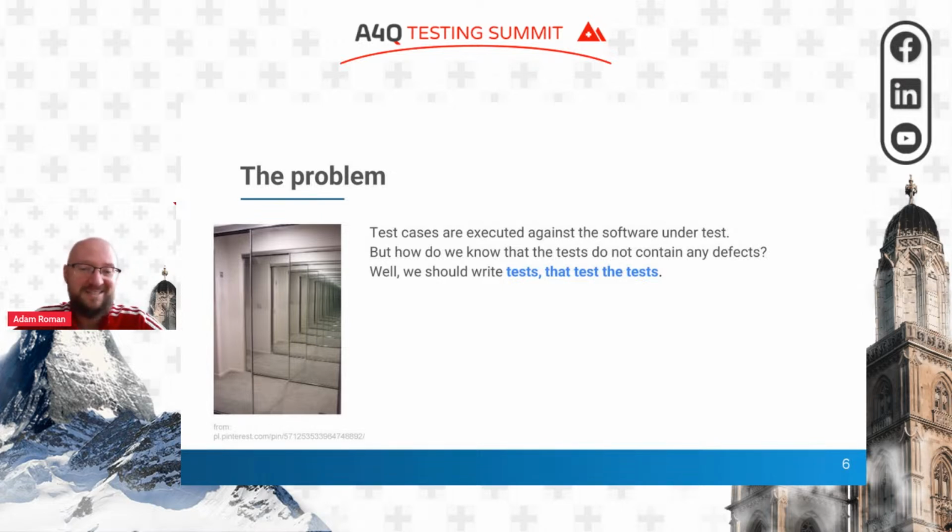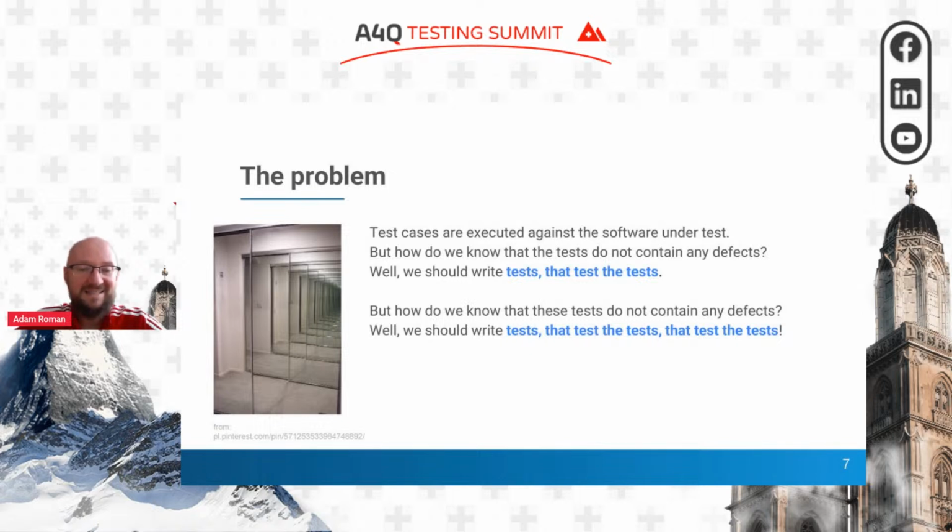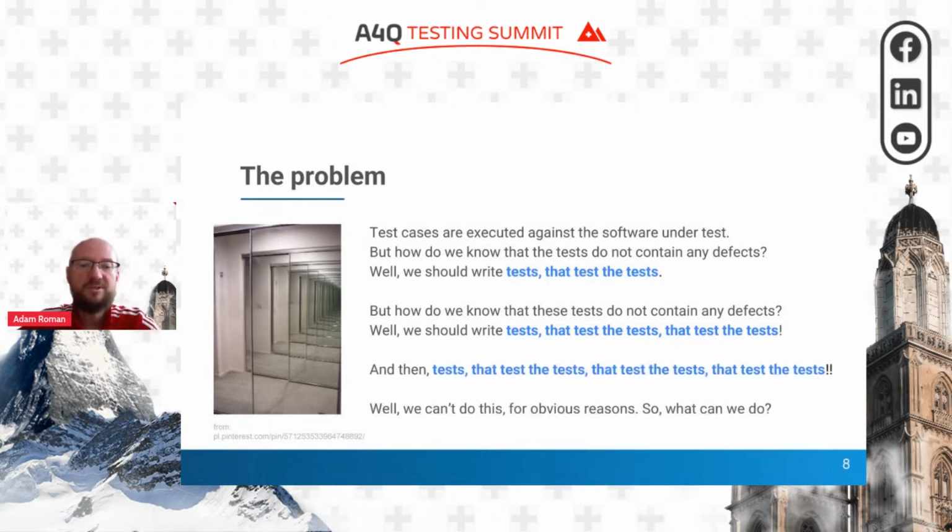The next natural step would be to write tests that test the tests that test the tests, and so on ad infinitum. Of course it's impossible. We can't go to infinity with this process.